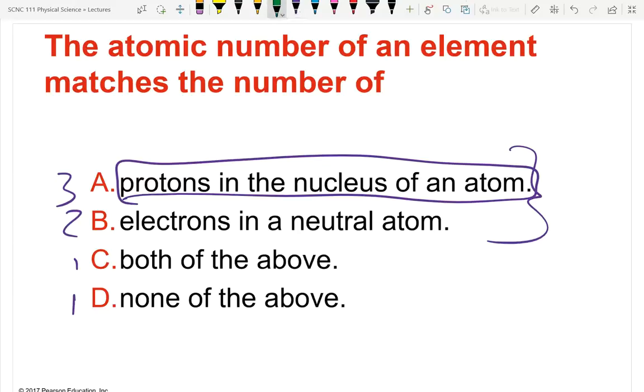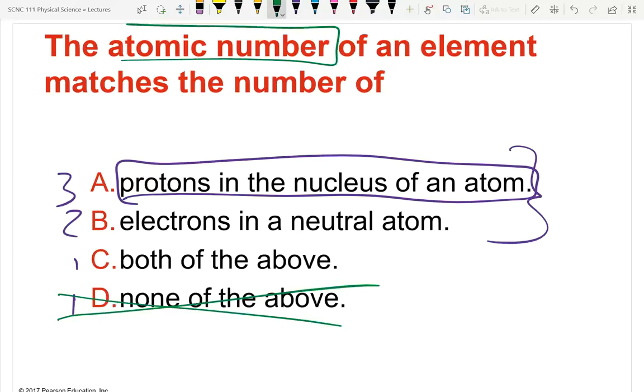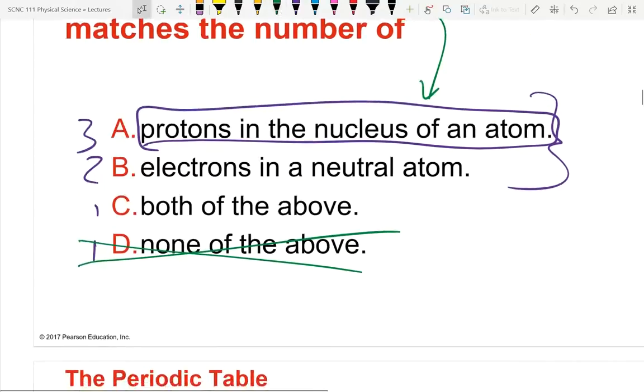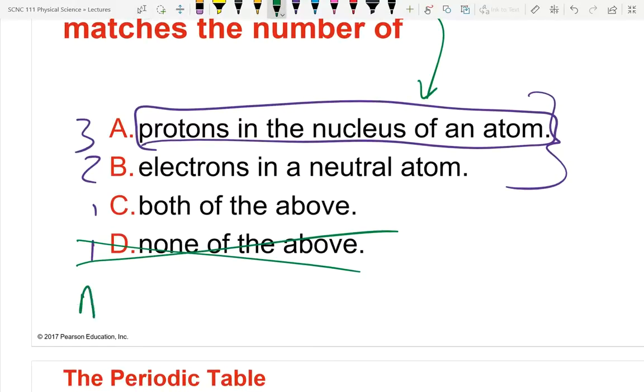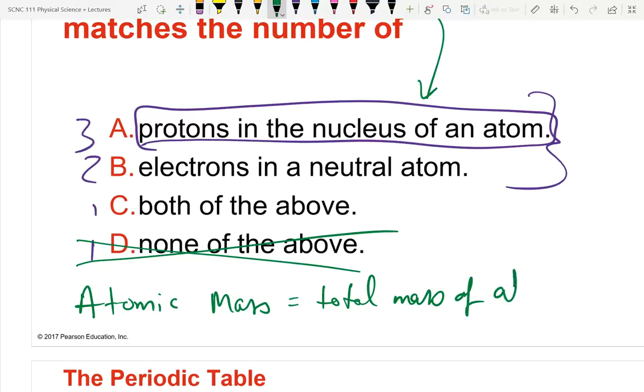Now, let's talk about other words here. So the atomic number is the number of protons in the nucleus. We just talked about the atomic mass. What's the atomic mass? Total mass of atom, singular.